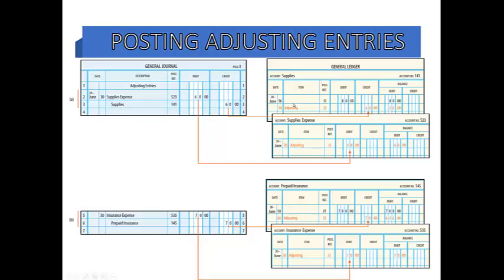And we've also entered adjusting here. For insurance, it's very similar. We've debited insurance expense, and we've credited prepaid insurance, which brings that balance down so that it shows the exact amount of insurance that is prepaid.